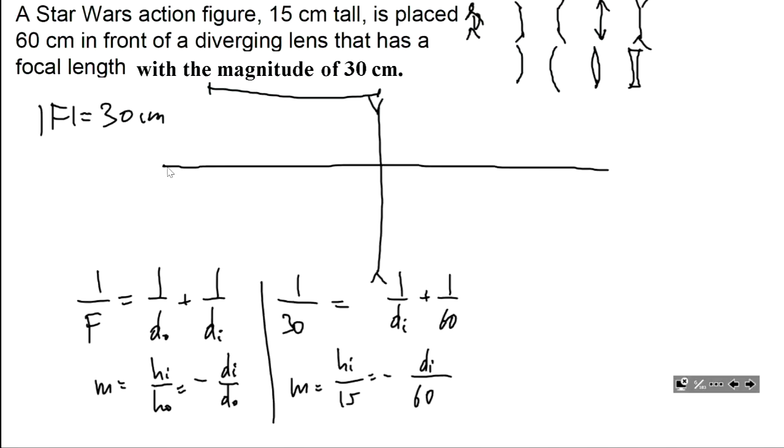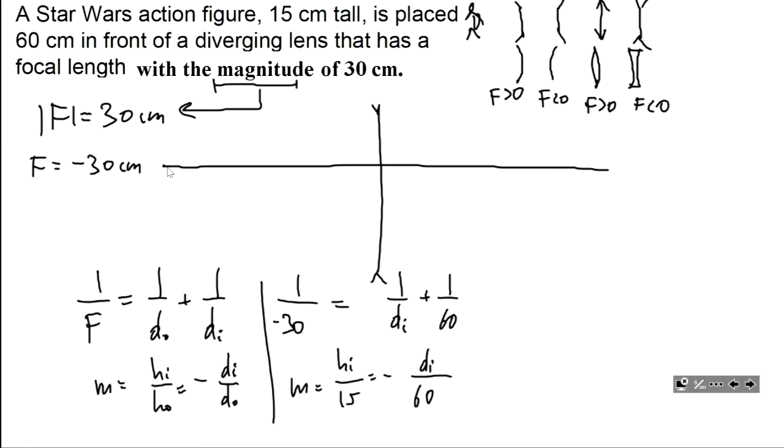However, we need to know that for converging devices, the focal distance is positive. For diverging devices, the focal distance is negative. But that's an easy fix.